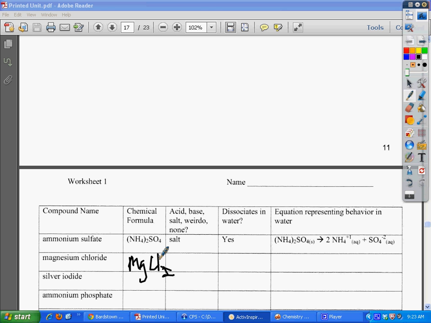Is the anion a component of group 17? Yes. So if you look at your rule, it says compounds with group 17 anions are soluble unless the thing it's bonded to is silver, mercury, or lead. So is this one of those exceptions? No. So does this dissociate in water? Yes, because it is a soluble one that does dissociate.